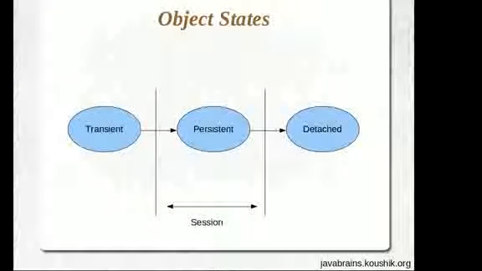Now there is this one particular scenario where you would want to move an object from being in a detached state to a persistent state again, which means that the object was persistent somehow, and then the session which persisted the object was closed and it became detached. And now we want to attach this object back to the session and make it persistent again. We'll look at a use case when this might be required.